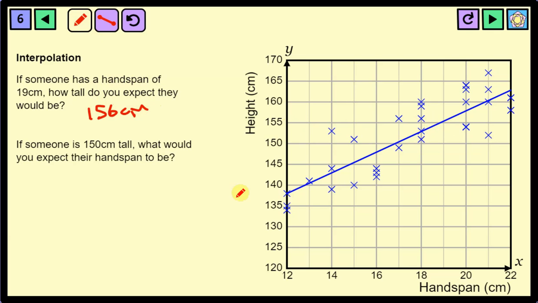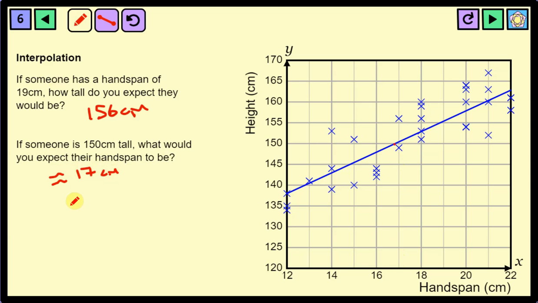And then we could go the other way. So 150 centimeters tall, what would their handspan be? So go across until we hit our graph and go down in the straightest line you can. Well, they're almost 17. So we'll say almost 17 centimeters.